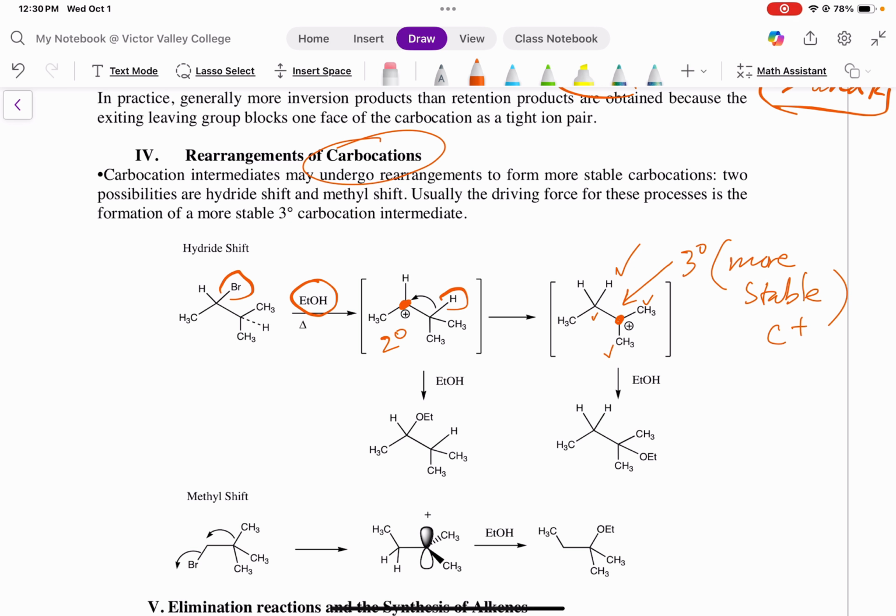Okay, so you got a secondary, which is decent, which can react with the weak nucleophile, which is the solvent, ethanol. All right, and then eliminate the hydrogen. So you got a product, tertiary, and you got a product that's secondary. Secondary is not bad, it's decent, but tertiary is better. So that's going to be a major product.